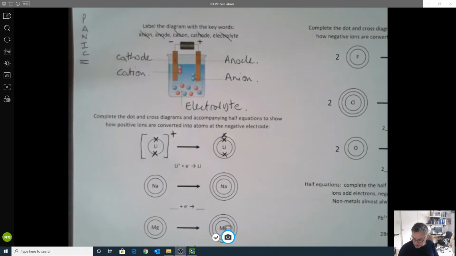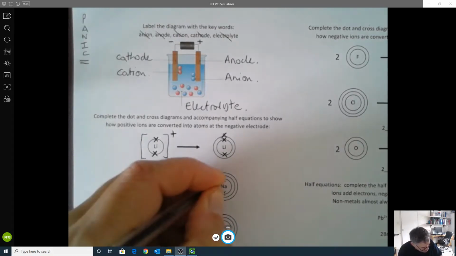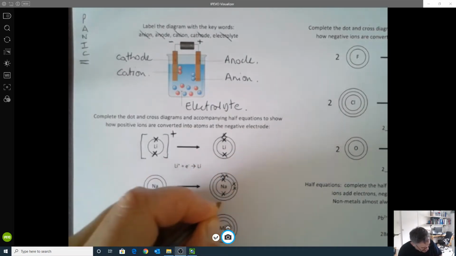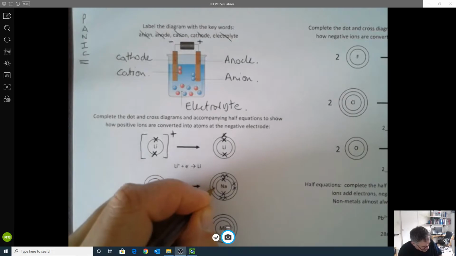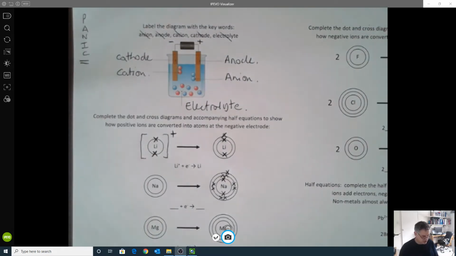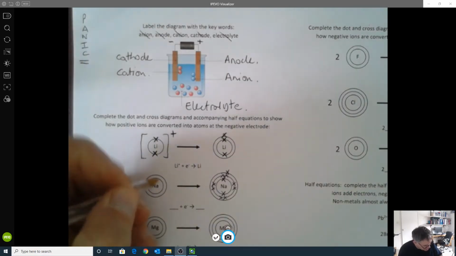So sodium, we know, is in group 1. It's got 1 electron in its outer shell. If I look up the atomic number of sodium, it's 11, so it's got 11 protons and 11 electrons. Well, those 11 electrons in the sodium atom are 2, 8, which gives me 10, and it's in group 1, so it's going to have 1 electron in its outer shell. There it is there. Now, obviously, when it forms the ion, it's only got 10 electrons.